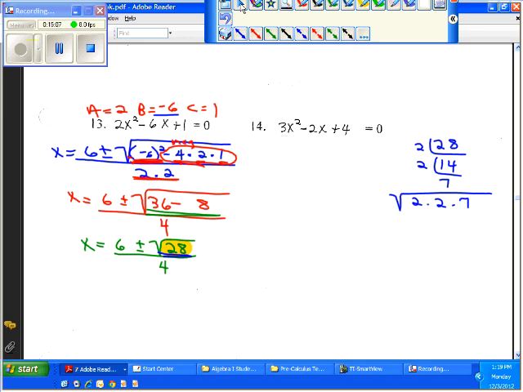Since it's square root, we would circle pairs. We would make a new radical, and we'd take one from each set to the outside. What didn't get circled goes back to the inside. If there was more than one thing outside, we would multiply. If there was more than one thing inside, we would multiply, but there's not. And so square root 28 simplifies to 2 square root 7. You understand that?